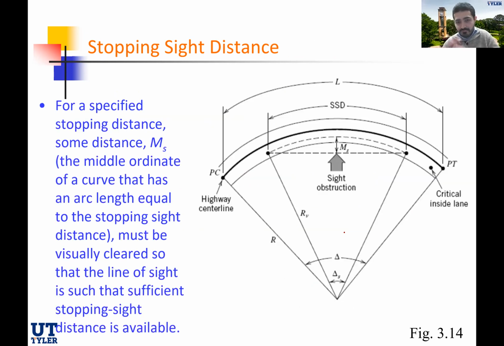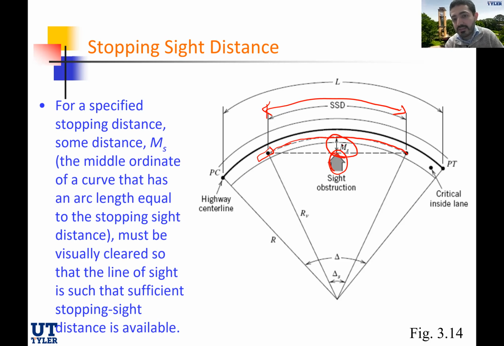Zooming in on this situation and seeing what's going on here: if we have an obstruction here, this is the available sight distance, and the eye of the driver will again be in the middle of the lane. Now I'm interested in knowing what that Ms is, what that distance is.